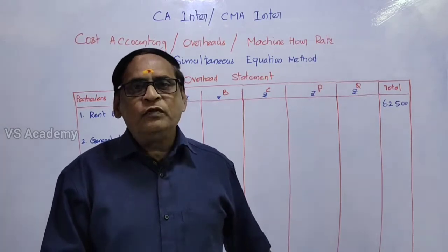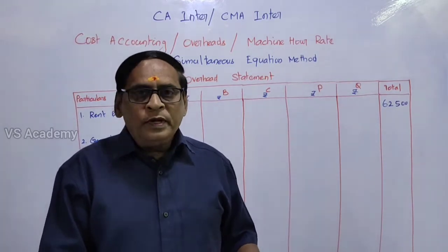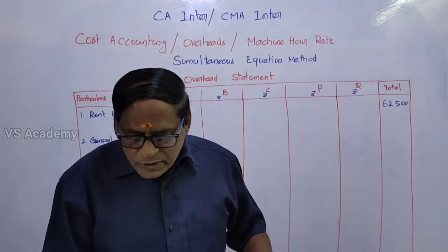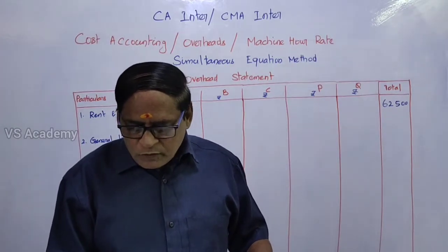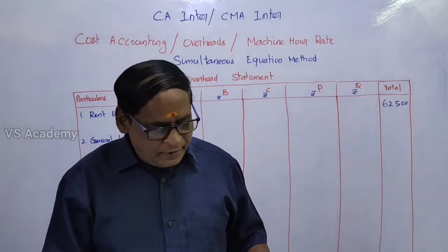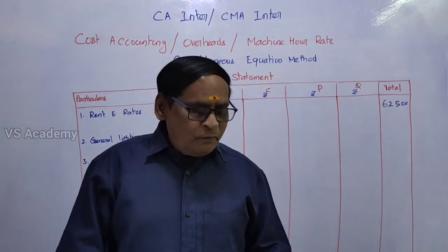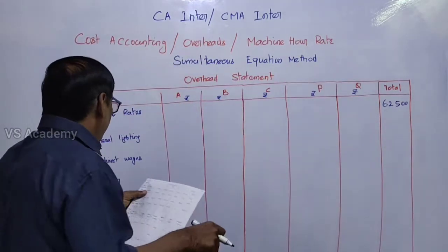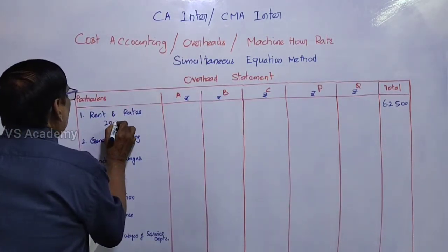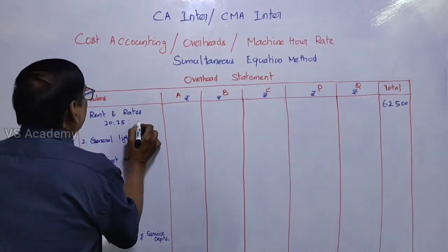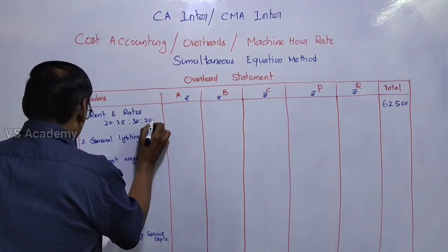In this ratio we have to calculate. So you can simplify this one: 2000, 2500, 3000, 2500. If you simplify, it will come to 20 is to 25 is to 30 is to 25.